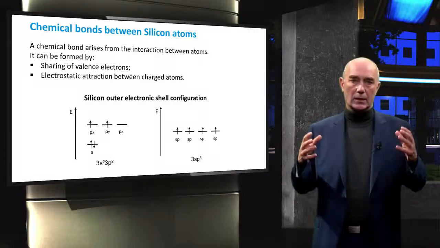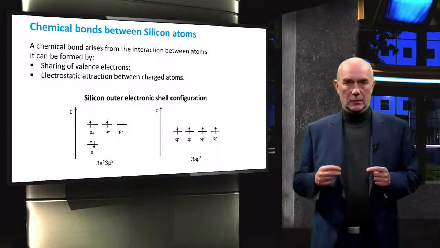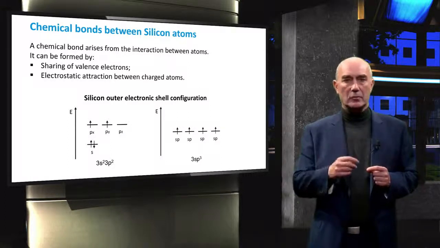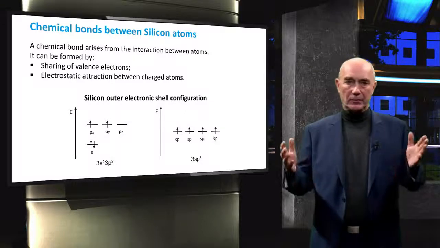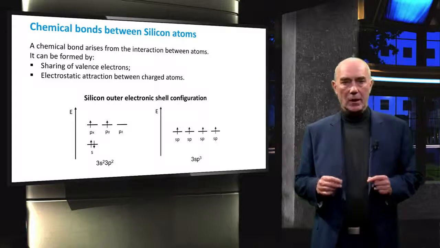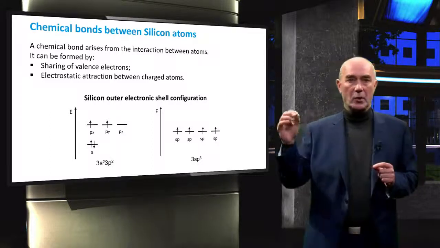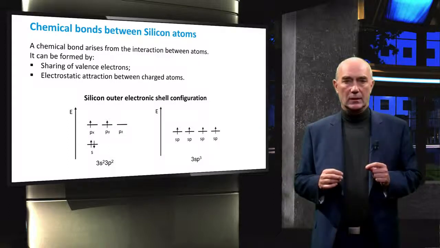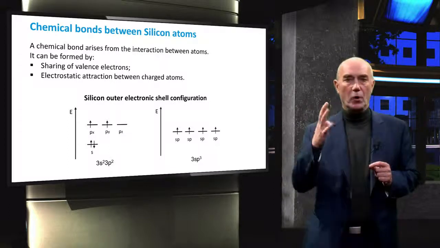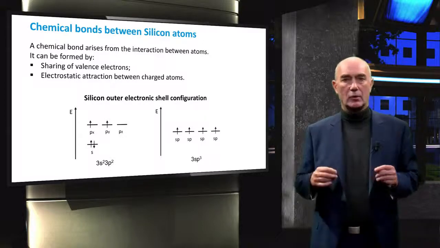These orbitals are called hybrid sp3 orbitals. To achieve the lowest energy configuration, electrons will fill separately one orbital each. Now, every unpaired electron can be shared to form a chemical bond. Silicon can form 4 bonds, and it is therefore said to be fourfold coordinated.